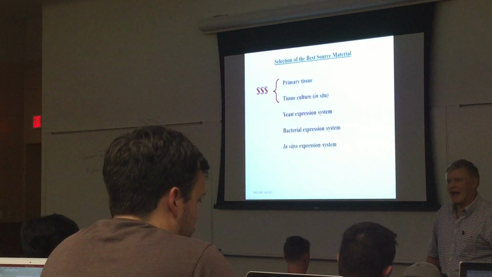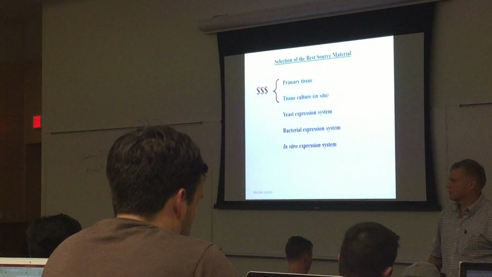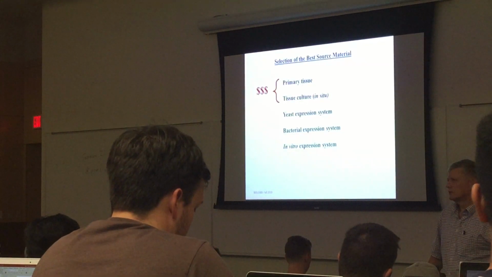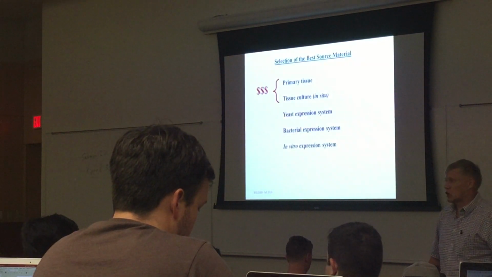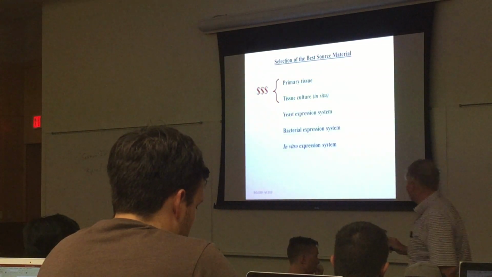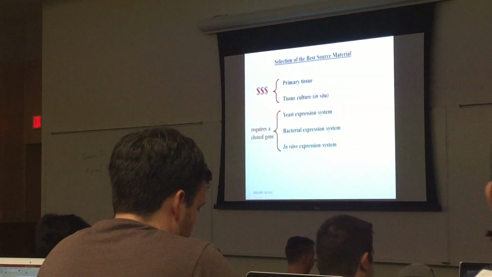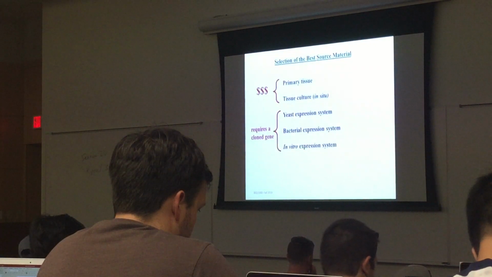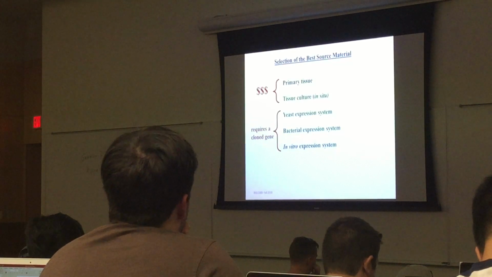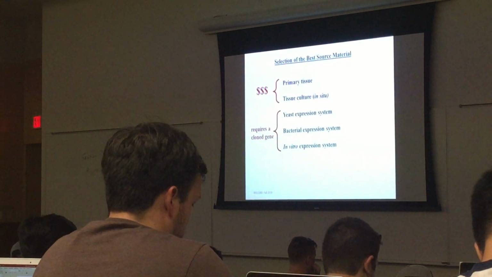What did he have to have in order to express GFP in E. coli or in C. elegans? He had to have the clone from Douglas Prasher. He had to have the gene. So these types of expression systems require a cloned gene. Without the cloned gene, you're not going to be able to purify any proteins.